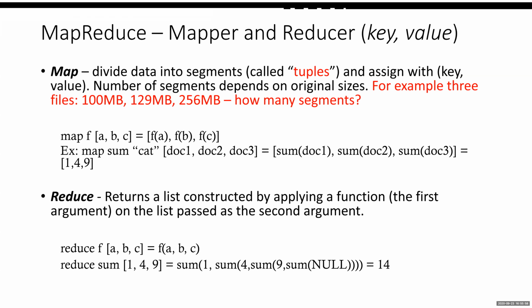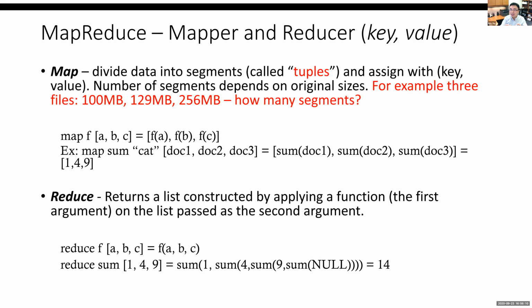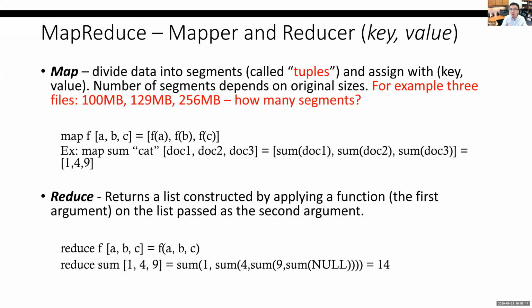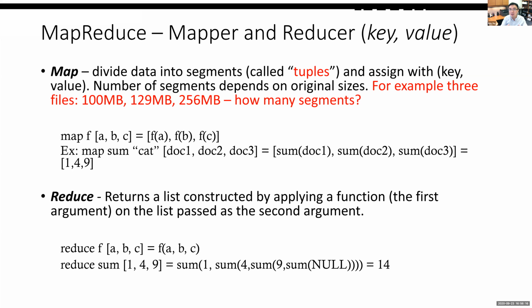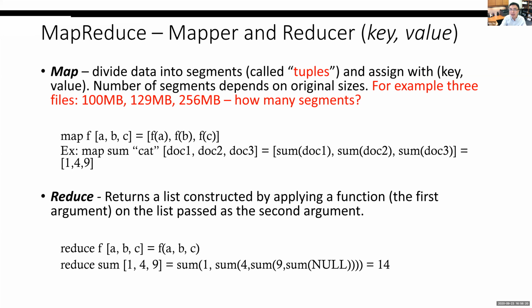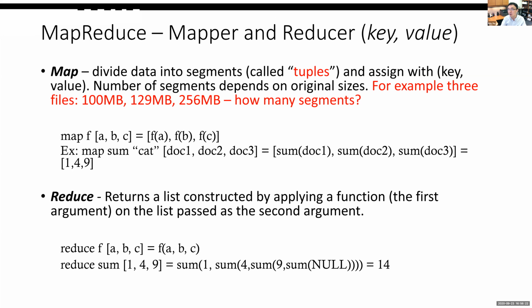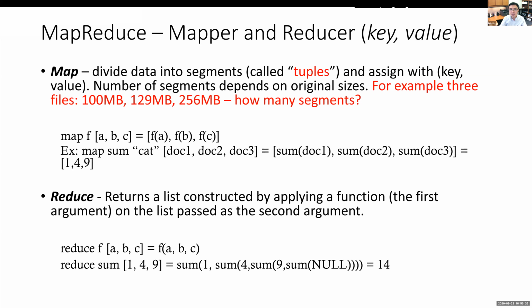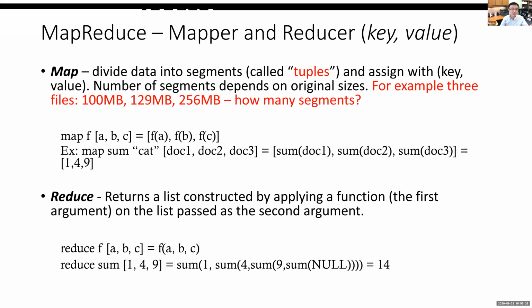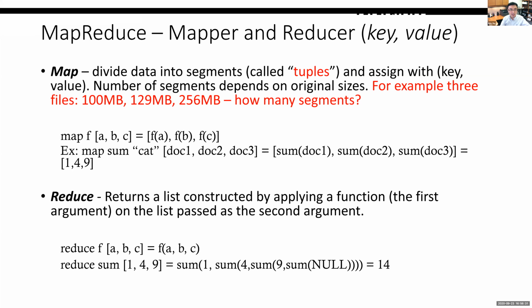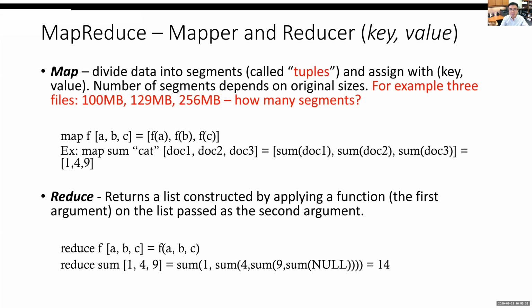100 megabit, I compare that, oh, that's smaller than 1 block, so I basically treat it as 1 tuple. And 129, even though it's very close to 128, I still have to cut it into 128 and 1 megabit. And 256 will be cut into 2 128s. I threw the 100 megabit tuple to Japan, the 128 to Guizhou, China, and that 1 megabit stays in Texas.